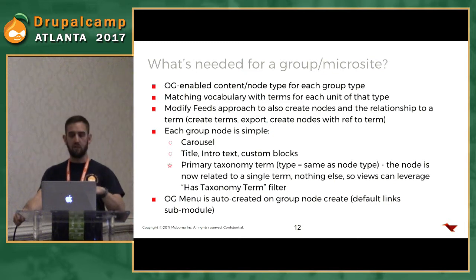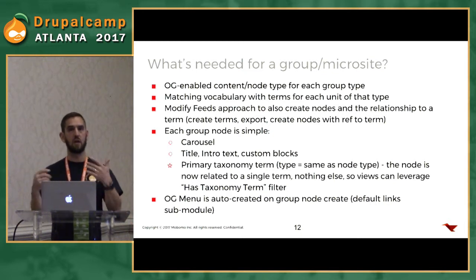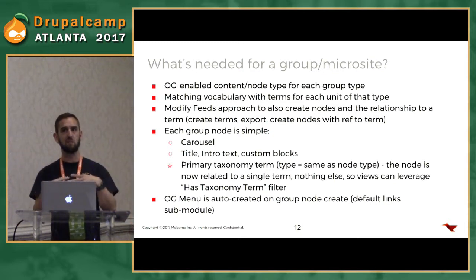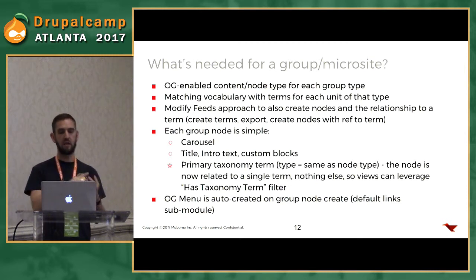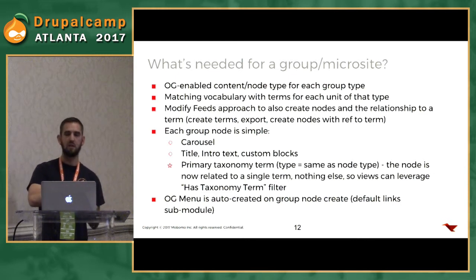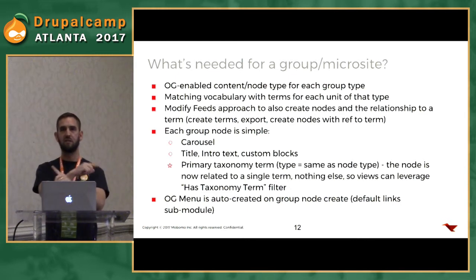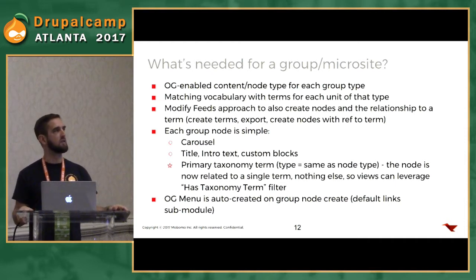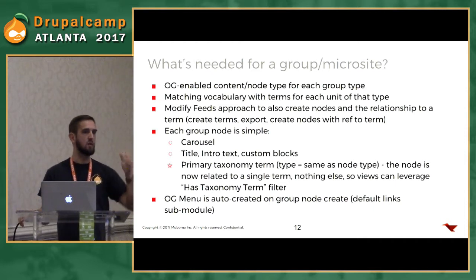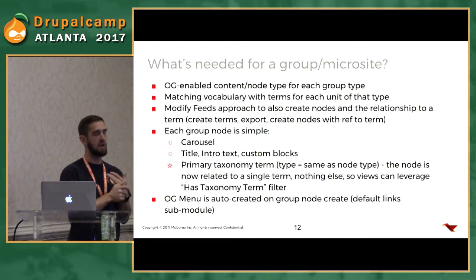So we had to modify our approach with the feeds to also create the nodes and tie them together in a couple of steps. So we had to create the terms, export them, and then create the nodes with the term reference. So it got a little convoluted there for a little while. But once it was set up, it's fairly straightforward. The node itself has a carousel at the top.